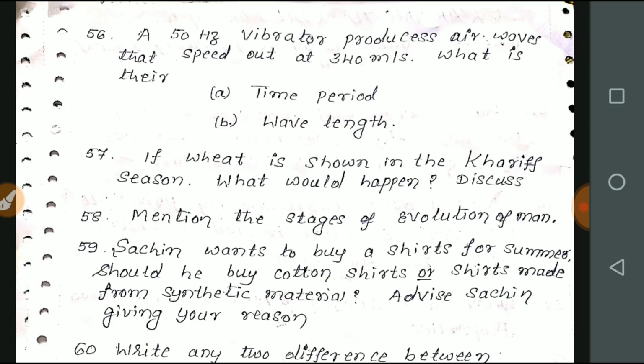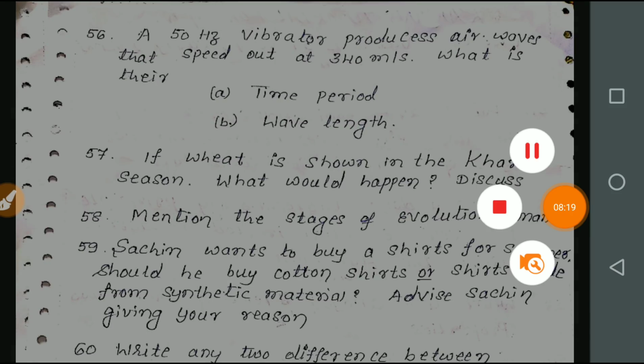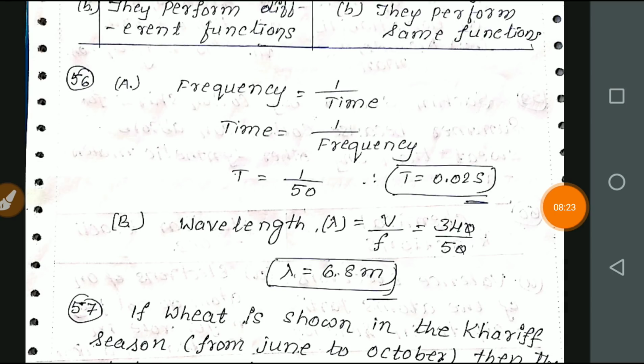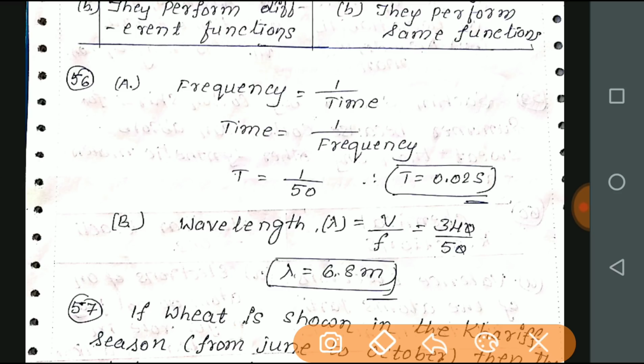What is A1, the time period? Then the wavelength. Now let us discuss the answer for this question. First one, A, we have to find the time period from the frequency. Frequency is the reciprocal of time, or time is the reciprocal of frequency.